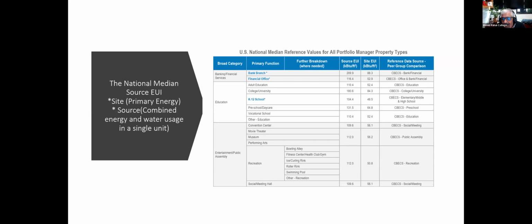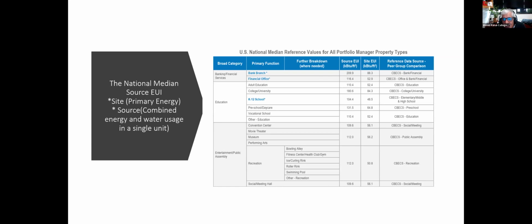If you look at this, for a bank branch it is 88.3, for example, for the site EUI. For financial offices, 52.9. K through 12, 48.5.